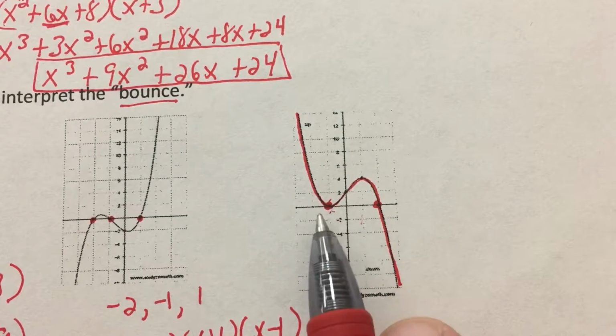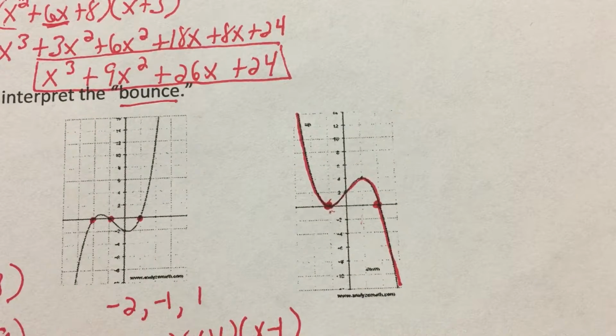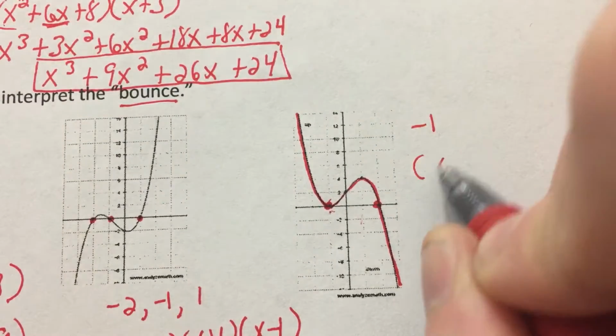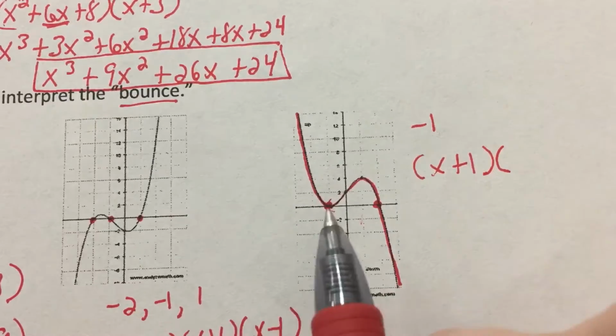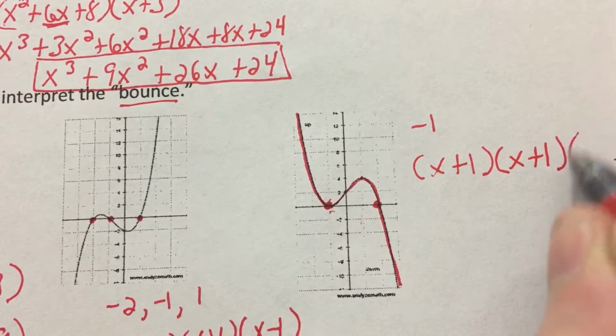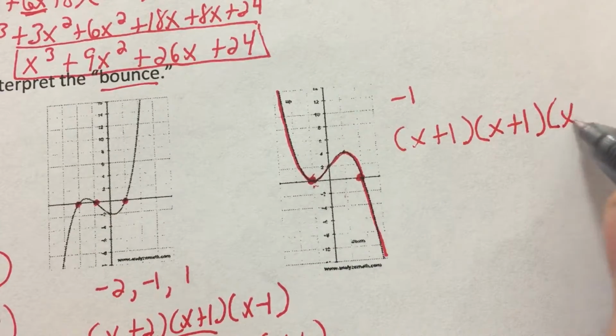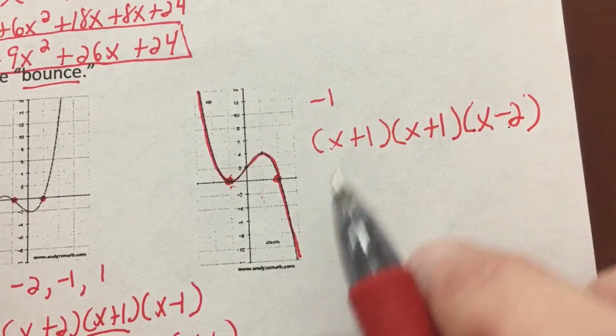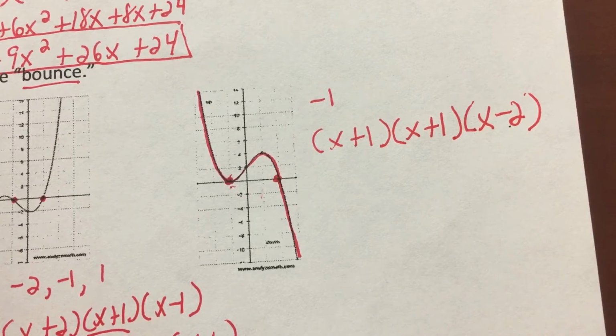But this bounce indicates that this solution is actually here twice. So that solution, which is -1, will actually give me x plus 1, but because it bounced off of it, I need it twice. And then finally, the other one would be x minus 2, because the solution is +2. If you end up going through all that, you'll end up with the entire equation, and I'll let you guys try that on your own. All right, tune in for part 2 and see the backside.